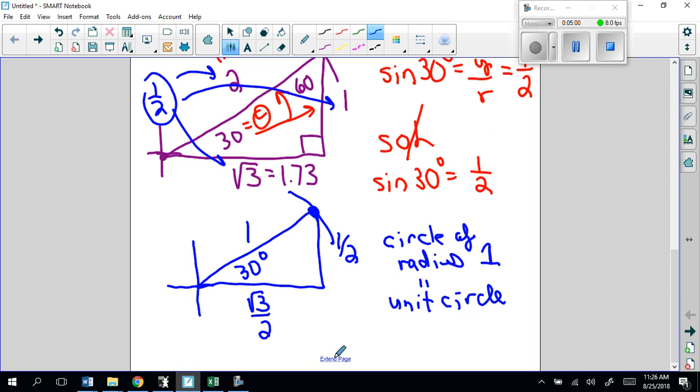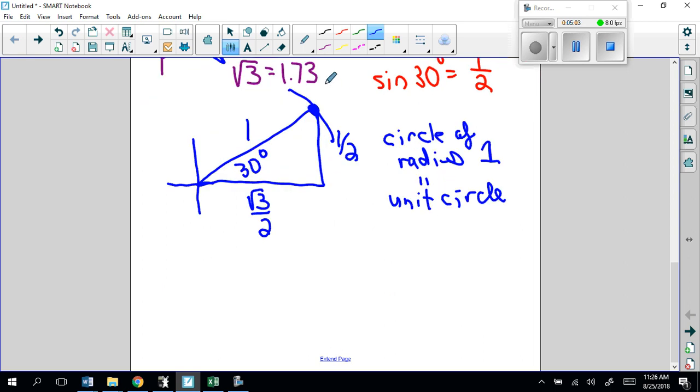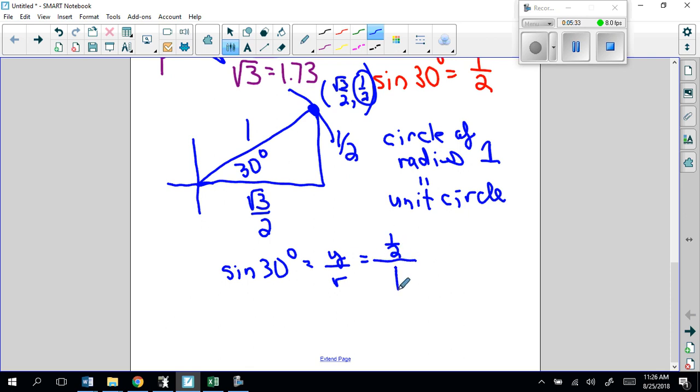But when I decide to evaluate it, there is a new point, square root of 3 over 2, 1/2. See, this will work also. I don't need my original special right triangle. I can use any triangle that has a 30-degree angle in it. So when you go sine 30, okay, memorize it to be 1/2. Okay, next, y over r. The y value is 1/2, and the radius, of course, is 1.